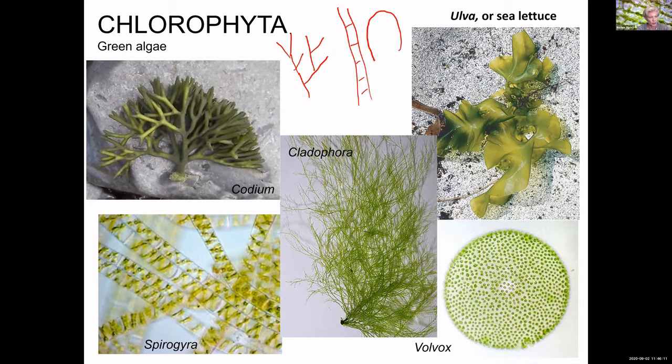So codium is an example of that branching growth form. Ulva, or sea lettuce, on the right-hand side is an example of that flat, leafy structure. Ulva is actually edible. So here are some examples of those green algae, and we'll look at some more examples in lab.